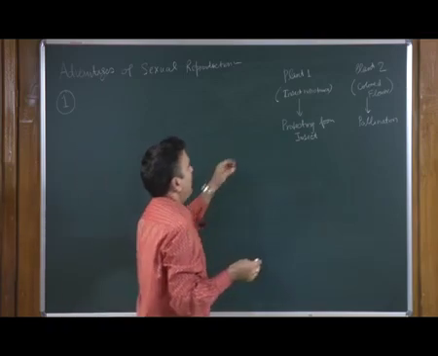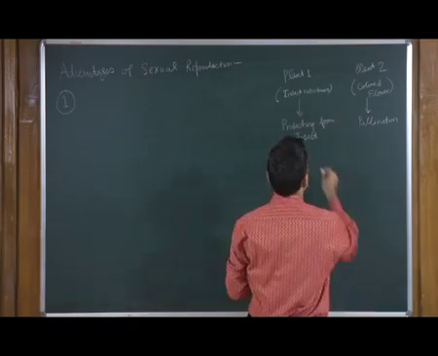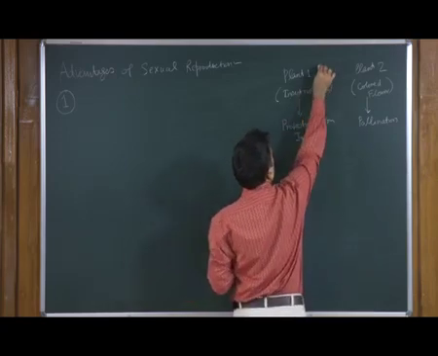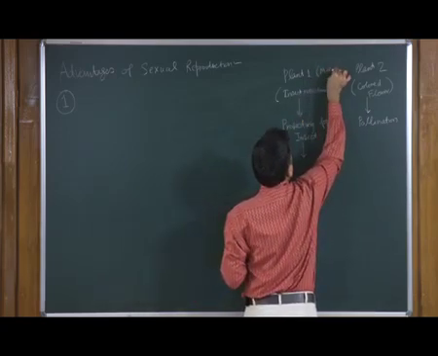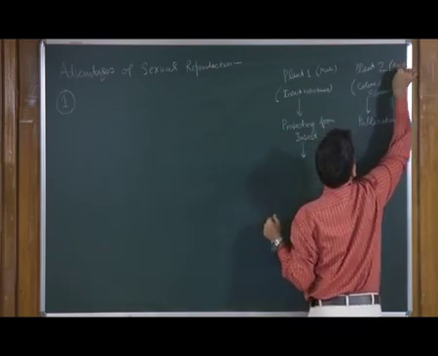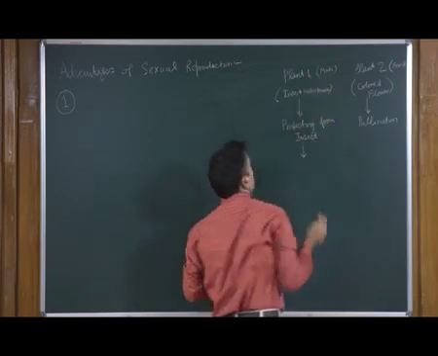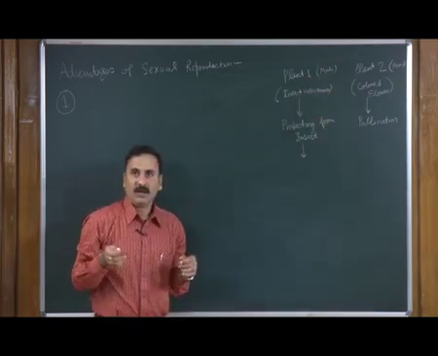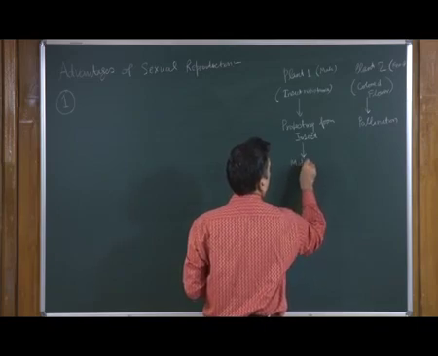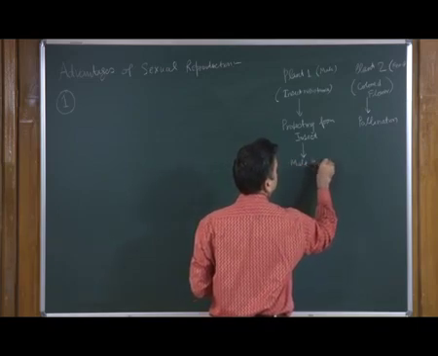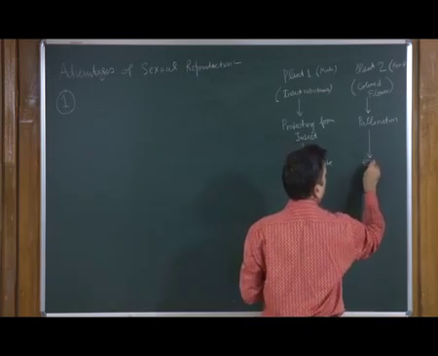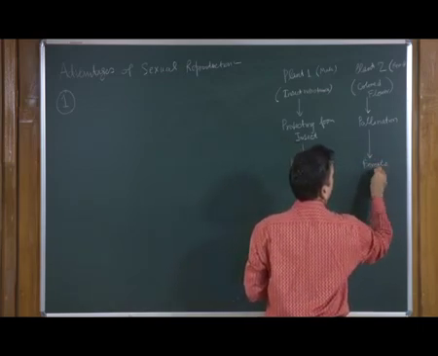Now, suppose plant 1 is male and plant 2 is female. So, the male individual of plant 1 and the female individual of plant 2 come together. They will form the male gamete, and this one is going to form the female gamete.